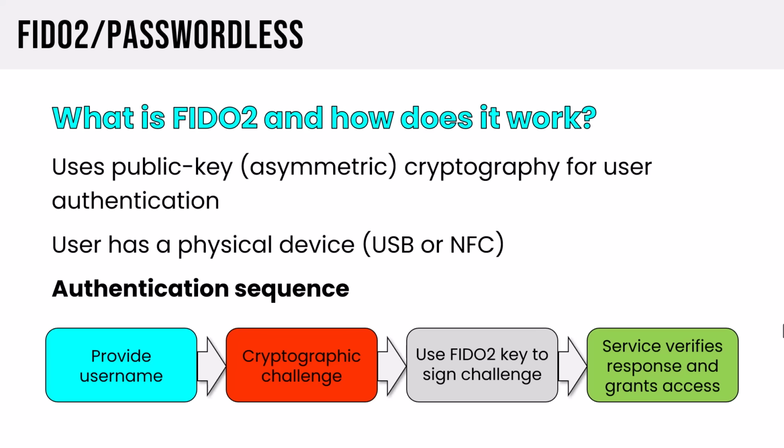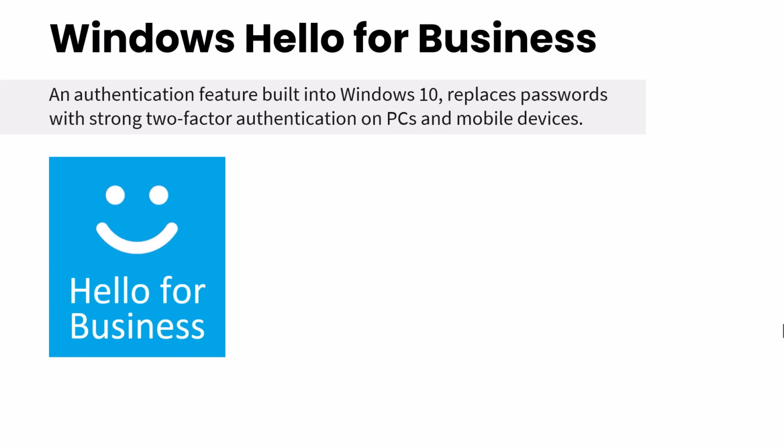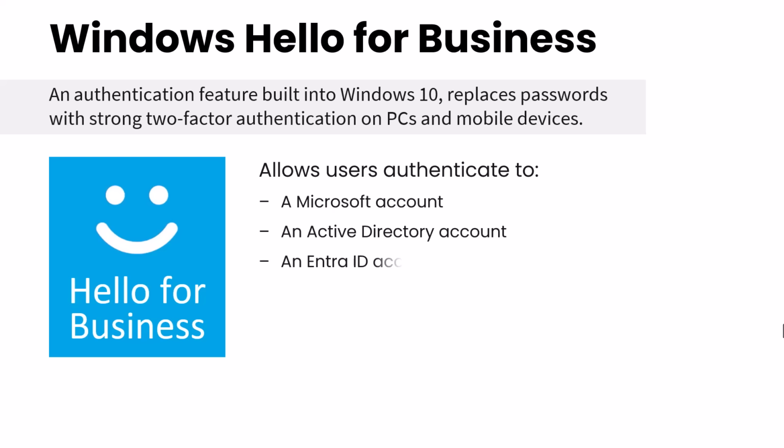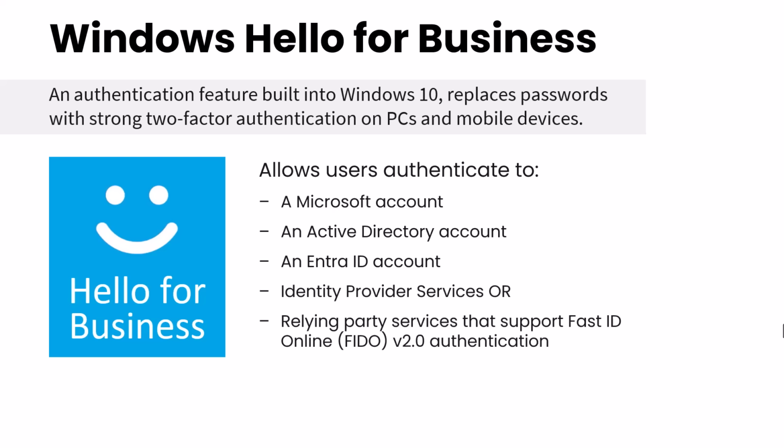And our other passwordless option is Windows Hello. Windows Hello for Business, it's called in the workplace. And this is an authentication feature built into Windows 10. It replaces passwords with strong two-factor authentication on PCs and mobile devices. It allows users to authenticate with a Microsoft account, an Active Directory account, an Entra ID, identity provider services, or relying party services that support Fast ID Online, FIDO v2.